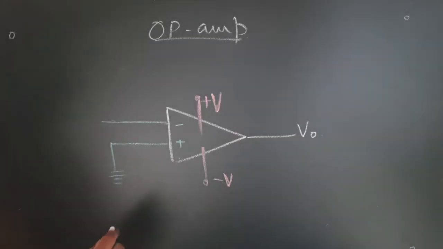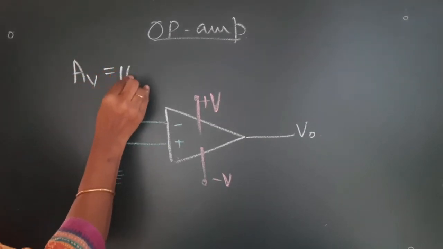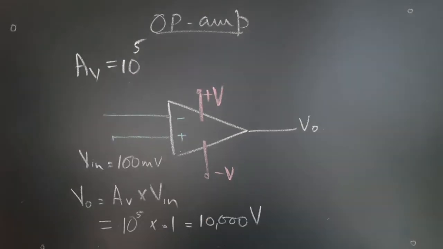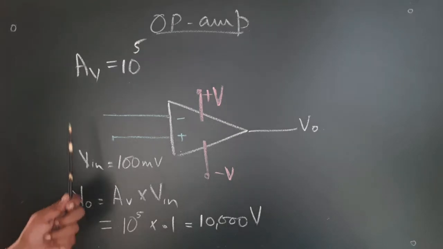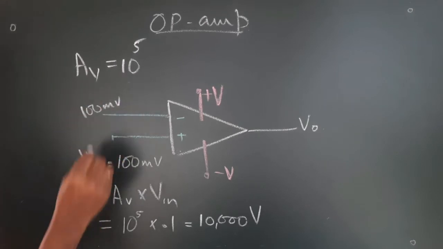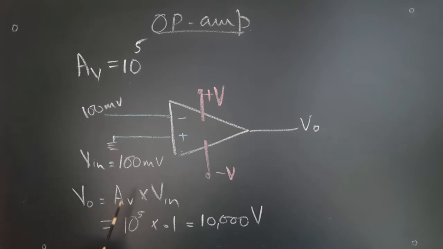Now, let us discuss the voltage gain. We discussed that the voltage gain of an op-amp comes in the order of 10 raised to 5 or 10 raised to 6. But this voltage gain is in fact the open loop gain, that is, the gain without feedback. If we are giving an input of, say, 100 millivolt, then the output will be the voltage gain times the input.